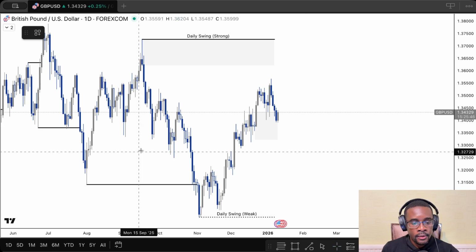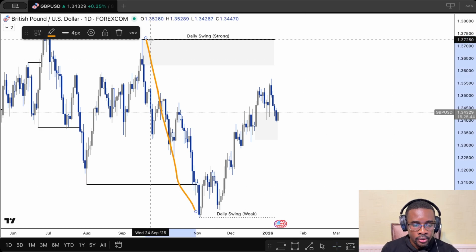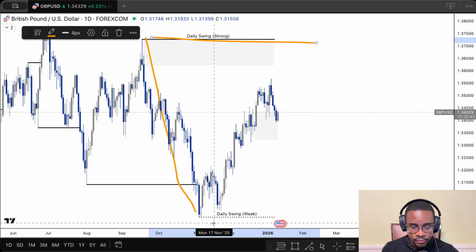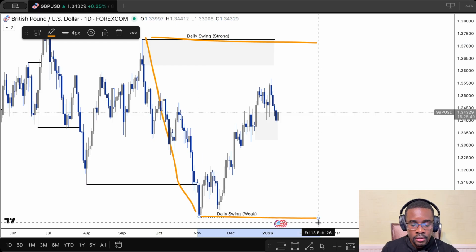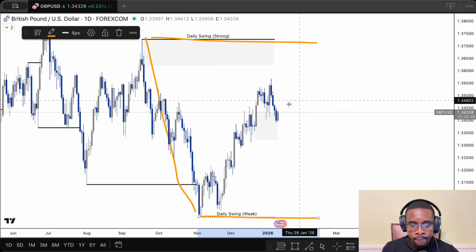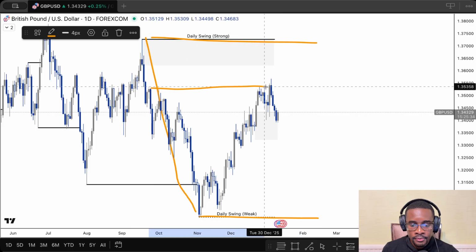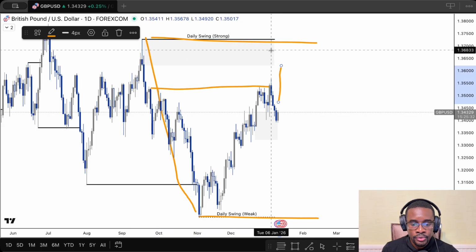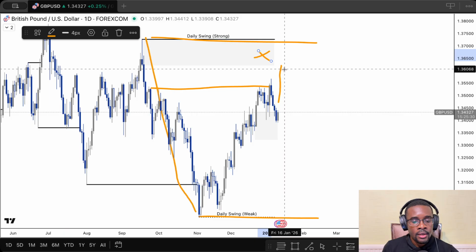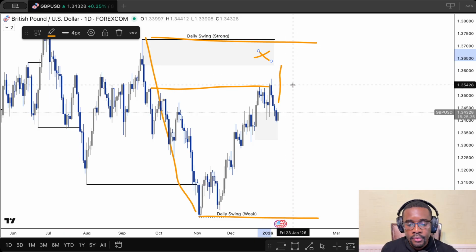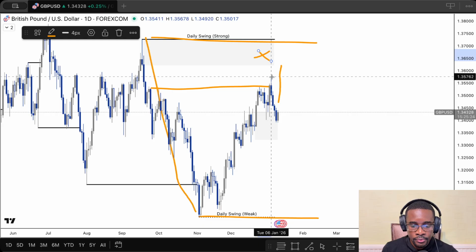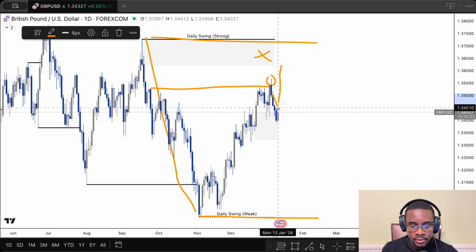So on the daily, our daily swing is bearish. Once we broke these highs, I was expecting price to continue bullish to mitigate this extreme daily supply. However, price just wicked this, took the liquidity, and then started dropping.